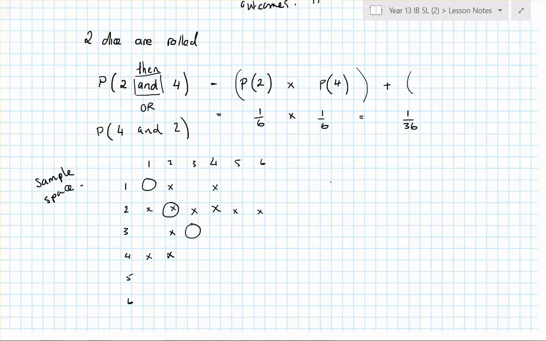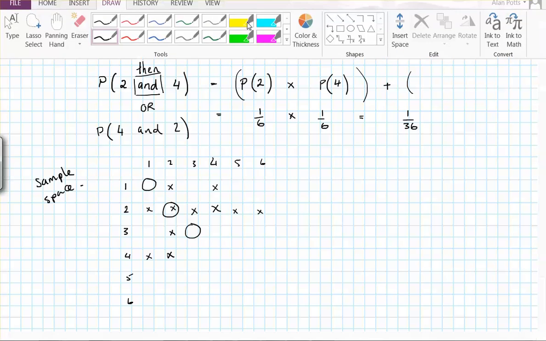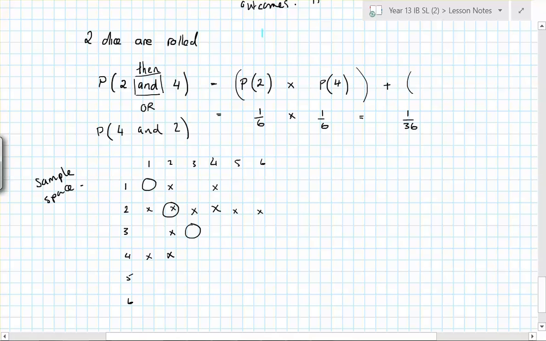Would that help you with this whole mutually exclusive thing? A 3 and a 4, or two even numbers. So again, with a sample space diagram, a 3 and a 4 would be here, so one option, also a 4 and a 3.